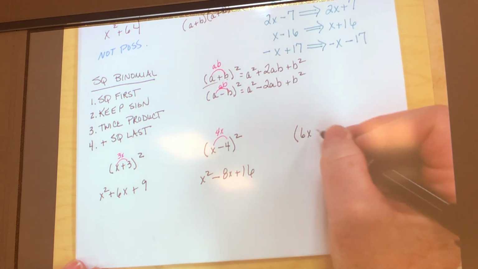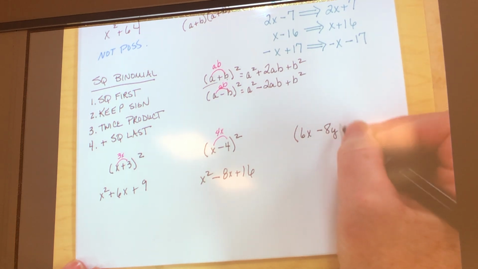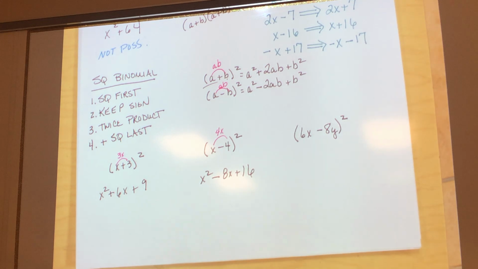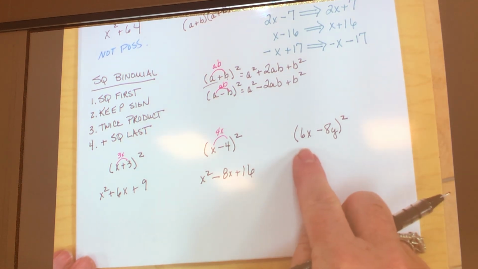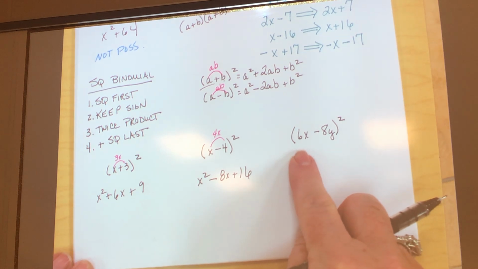6x minus 8y, quantity squared. All right. Square the first. What did you get, guys? 36x. Very good.